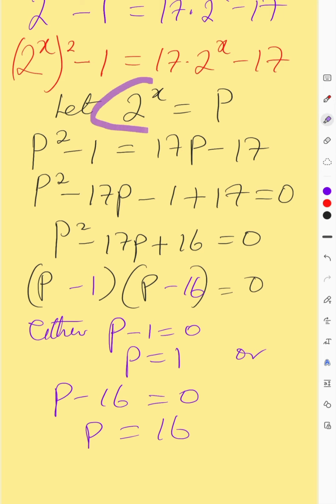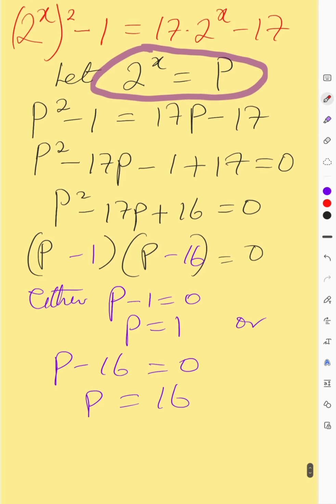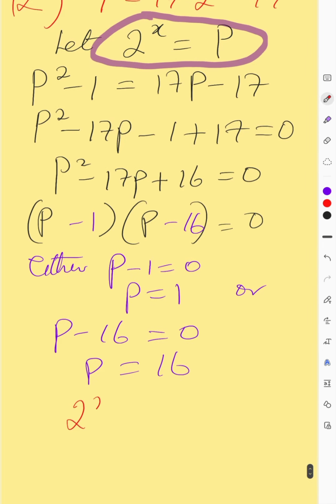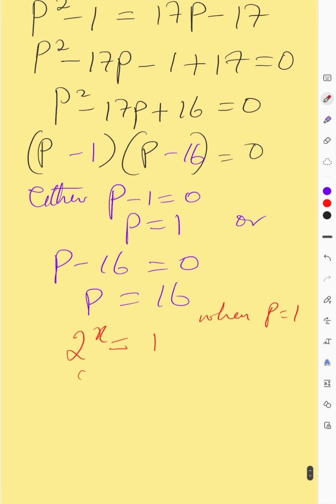But remember that this is the relationship between p and x. Alright, so you now have 2 to the power of x is equal to, when p is equal to 1, we have just 1. So 2 to the power of x is 2 to the power of 0, because anything power 0 is 1. So their bases are the same thing, so you equate the powers, x equal to 0.